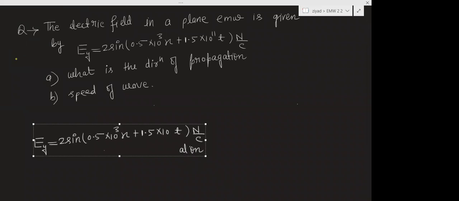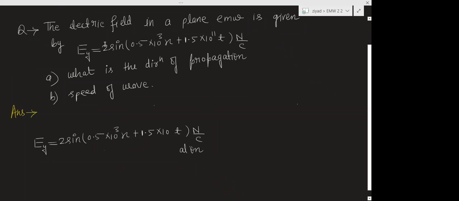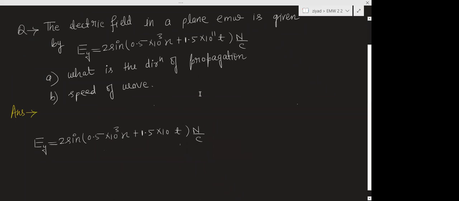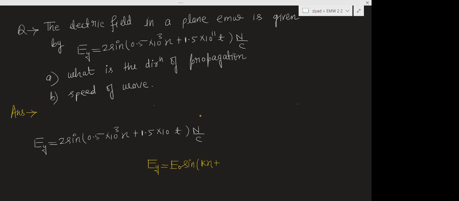Very easy question. See, what I have told you for the direction of the propagation. What was the equation of the electromagnetic wave we have written? Ey is equal to E naught sine kx plus minus omega t. So you can write plus omega t.